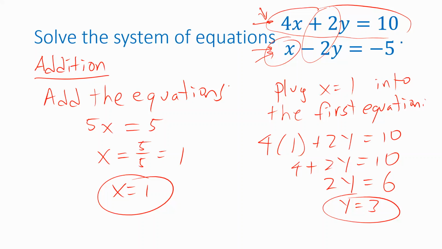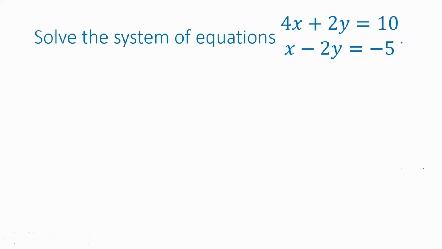Let's finish up by just showing you how you might use addition in a different way. What if you could not just add the equations together to get them to cancel? Well, then you can multiply one of the equations by a constant, or you could multiply both equations, each of them by a different constant. Let me show you what I mean.